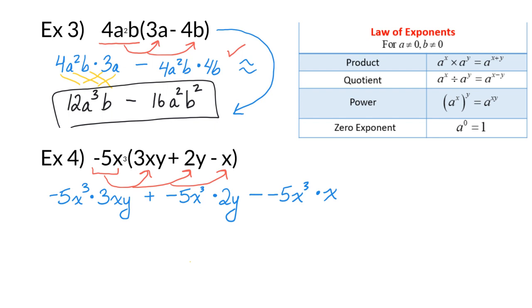Whatever the symbol is in front of the coefficient, I wrote in the front first, and I left the -5 together. What I mean by this is this was a positive 3xy times a -5. So there's an imaginary positive sign here, and then a -5x cubed.